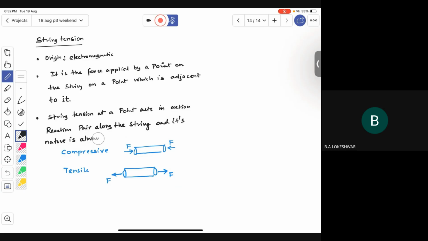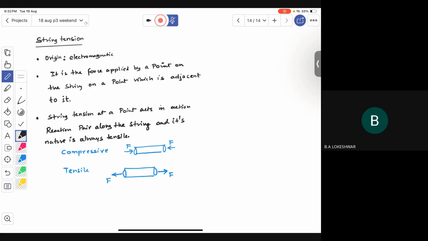I will explain properly, just write down this point. So string tension at a point acts in an action-reaction pair along the string and its nature is always tensile. It means it will always be trying to increase the length of a given segment of a string.